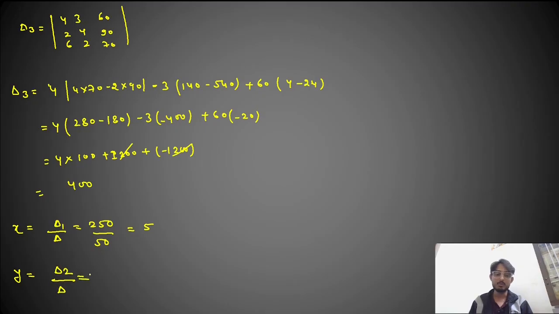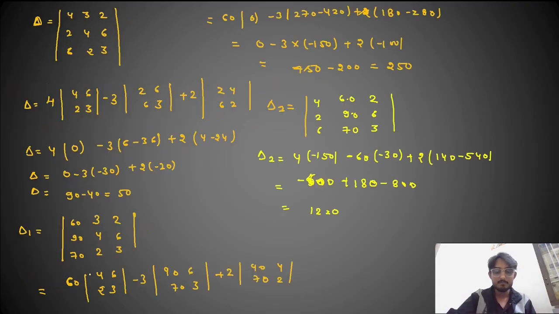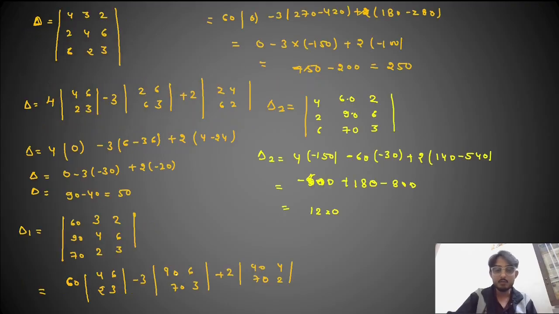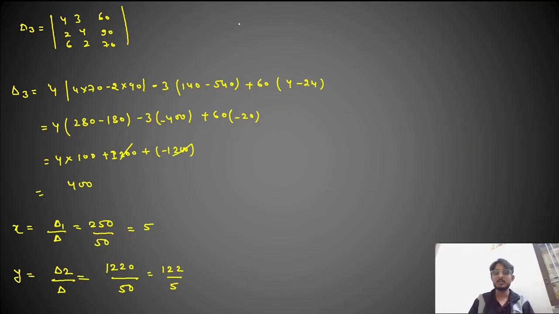So here delta 2 equal to 1220 upon 50. So your answer is 122 upon 5. And what is the value of z? z equal to delta 3 upon delta. So we'll get 400 upon 50. So your answer is 8.